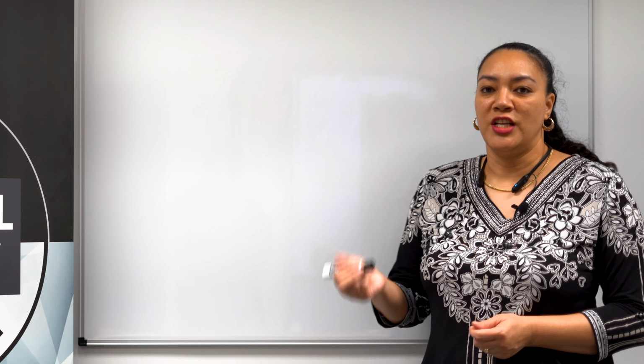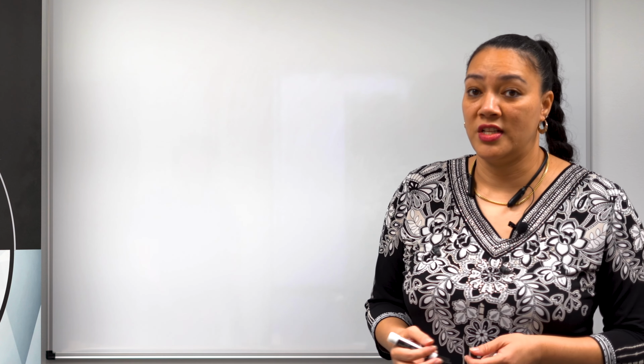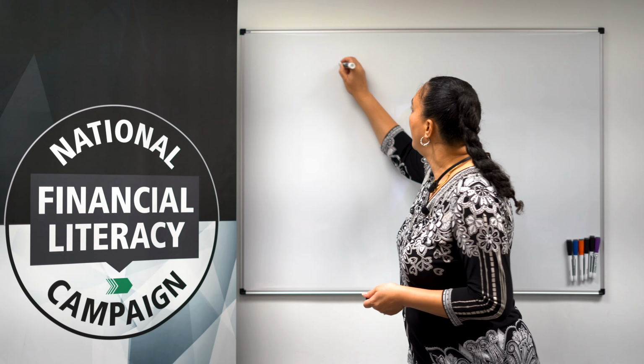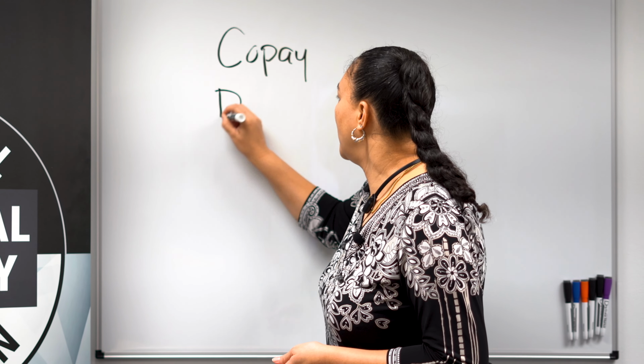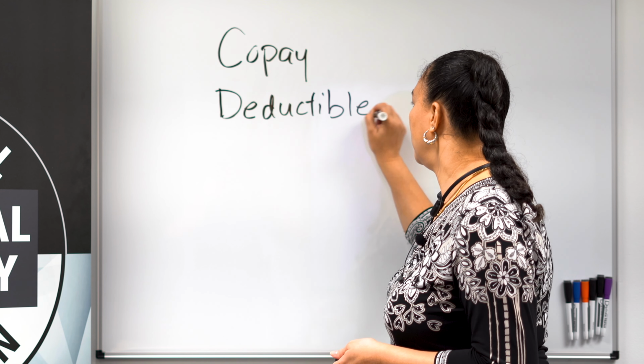If you got insurance from a major plan, there are four main terms that you want to understand when you're trying to choose your plan, and also when you're actually using insurance, you want to know how to use it so you know exactly what you're going to be paying when you go to the doctor. The first term is called a copay. The second one is called a deductible.